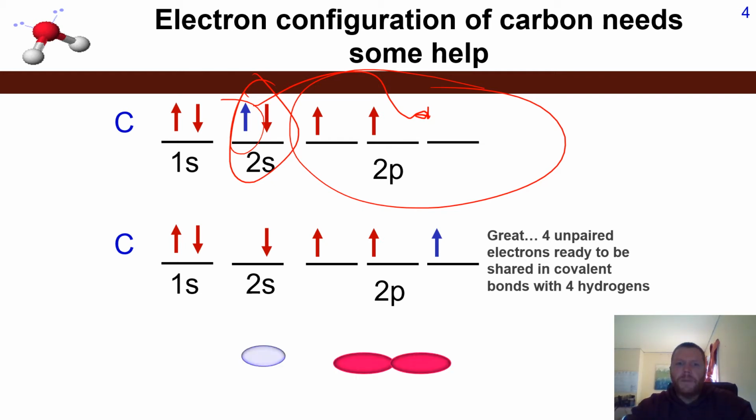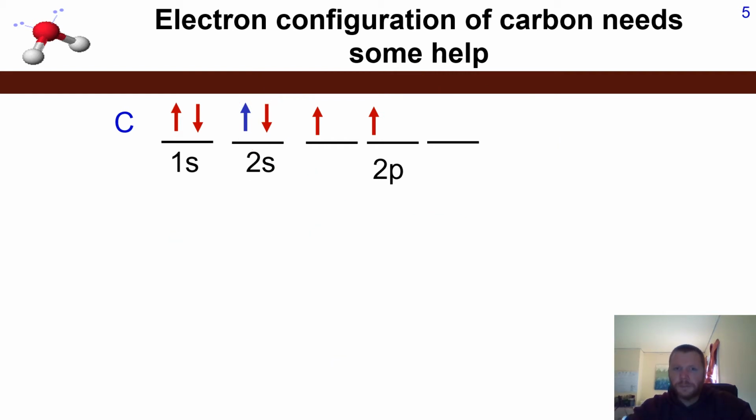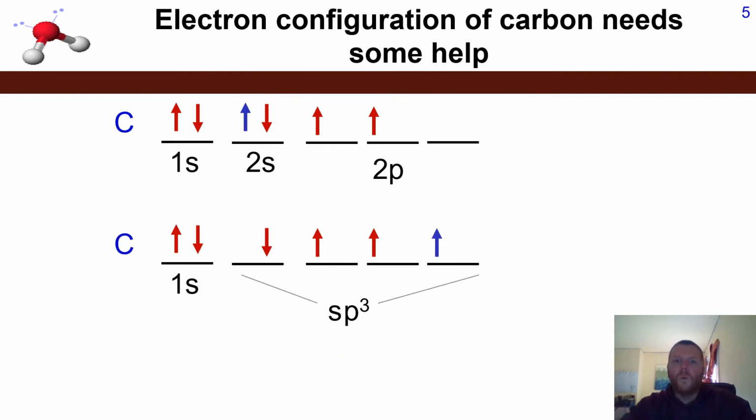So what we've got is our s orbital and our p orbital. But what we know to be true is that s orbital electrons like to pair with s orbital electrons. And so there's this concept known as hybridization. So rather than it being 4 unpaired electrons in an s orbital and 3 p orbitals, instead we combine these orbitals.